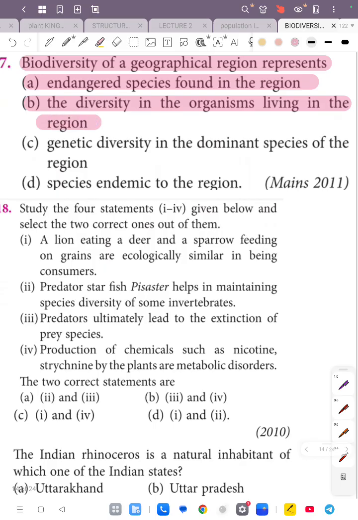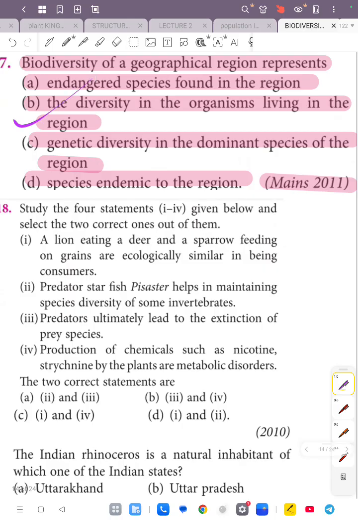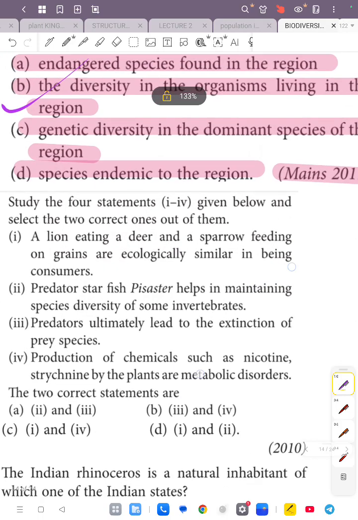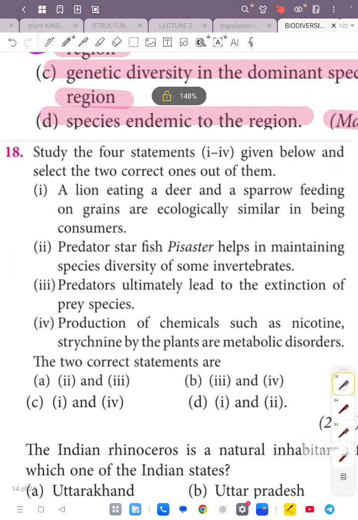C. Genetic diversity in the dominant species of the region. Or D. Species endemic to that region. Biodiversity of a geographical region represents the diversity, the variety in the organisms which are living in that region. So option B becomes the correct answer. All right, moving on to the next question.